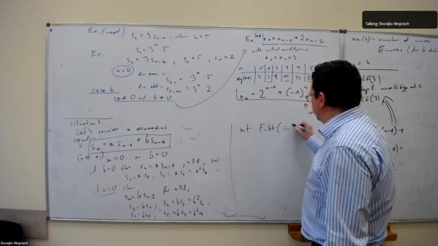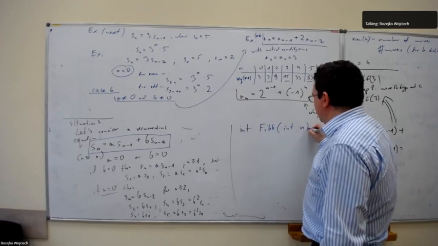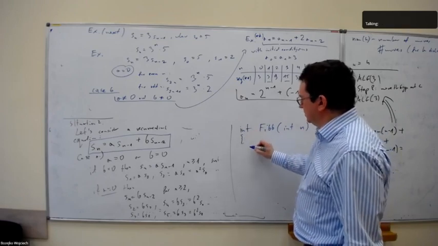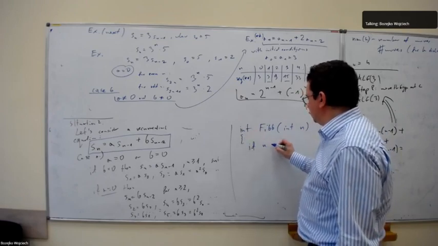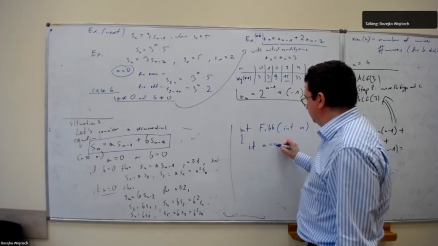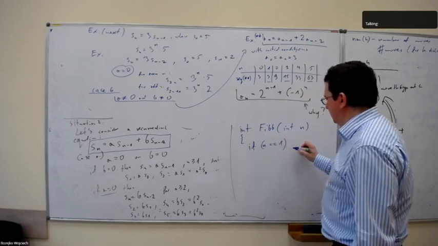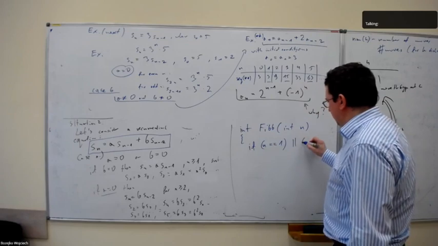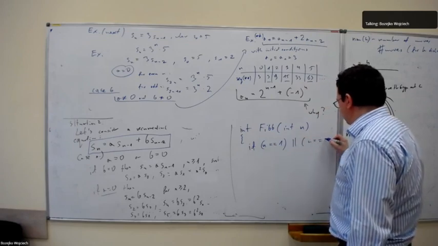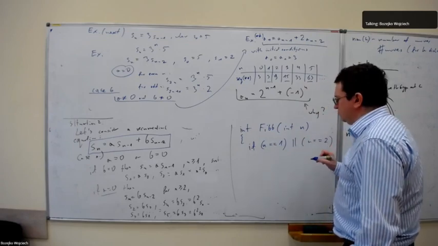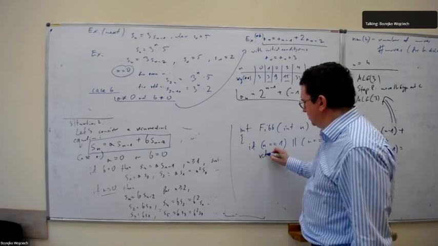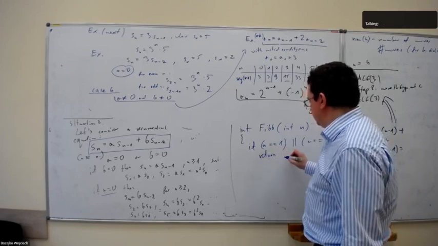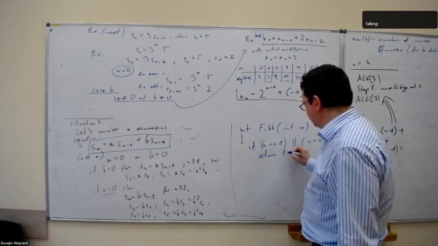Fibonacci, we have n inside here, and it looks something like this: if n is 1 or n is 2, this will just return 1.